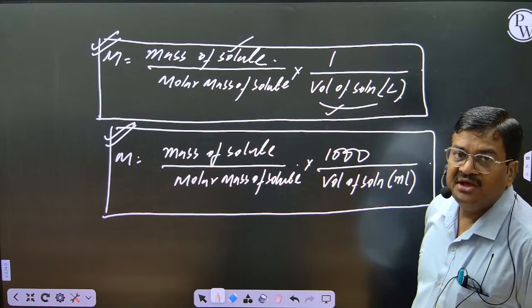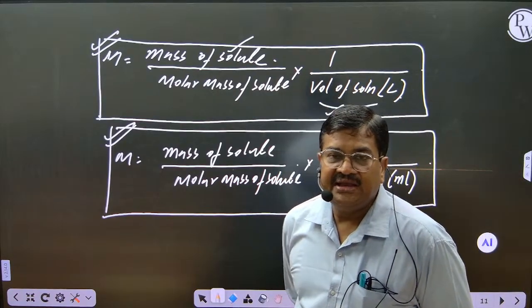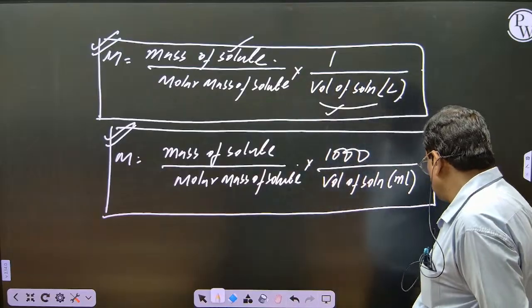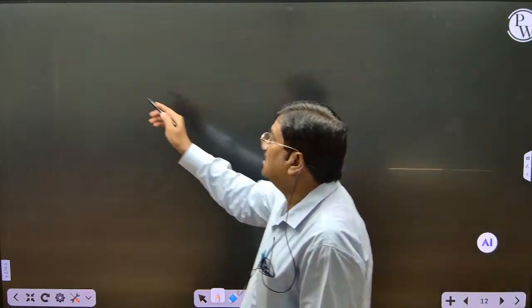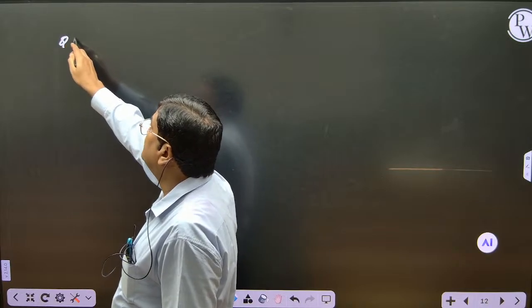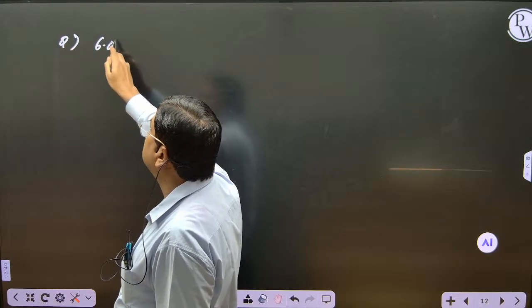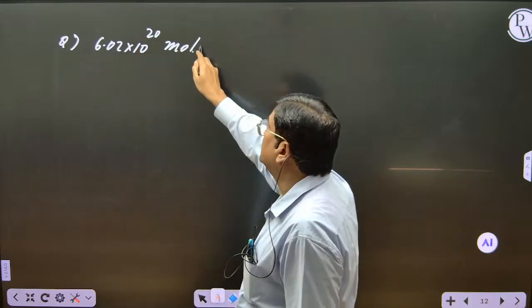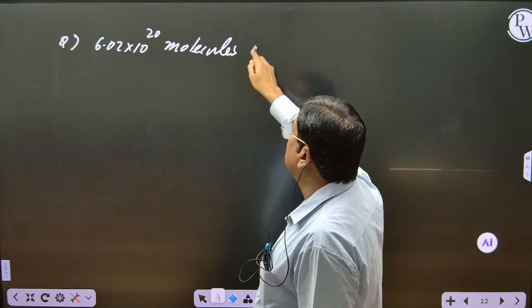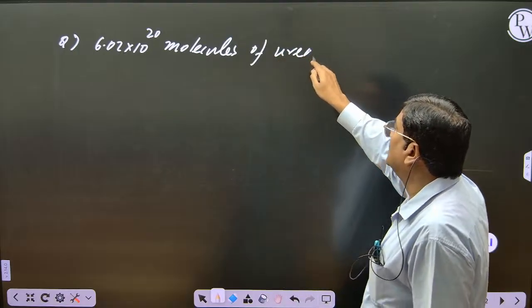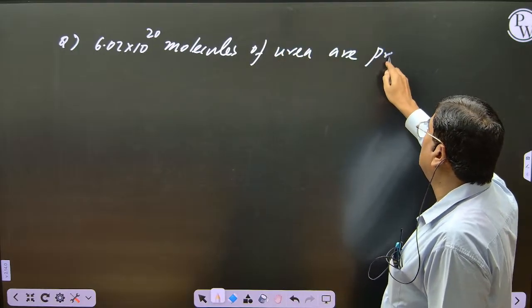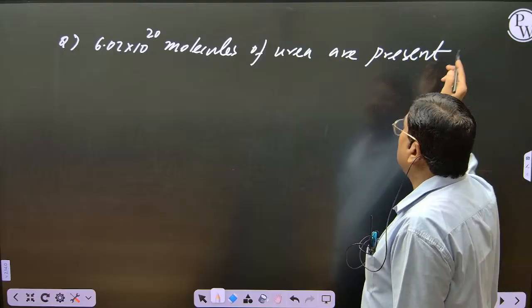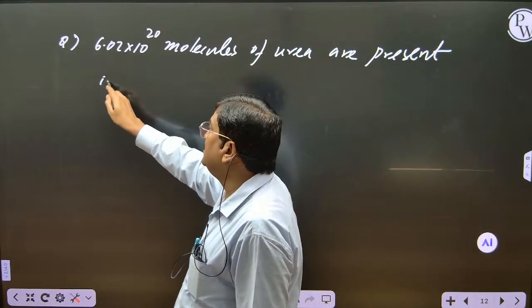Here, student, following everyone? So this is molarity. Write one question. See, molarity, in exams we get questions like this. 6.02 into 10 power 20 molecules of urea are present in 250 ml of solution.